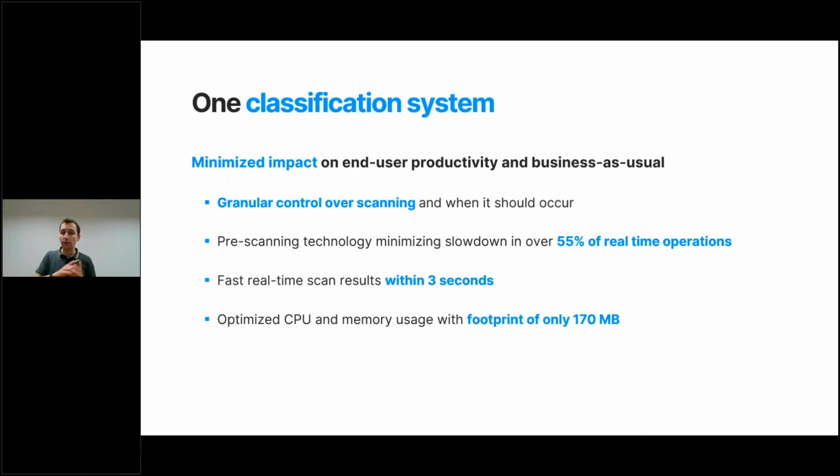But even when the real-time scans need to happen, we did many optimizations, and on average, the data show that we do every scan within 3 seconds or less. Sometimes it takes only milliseconds, sometimes it takes a second or 2, but maximum 3. On average, this is very fast, and the users don't really feel the slowdown very much.